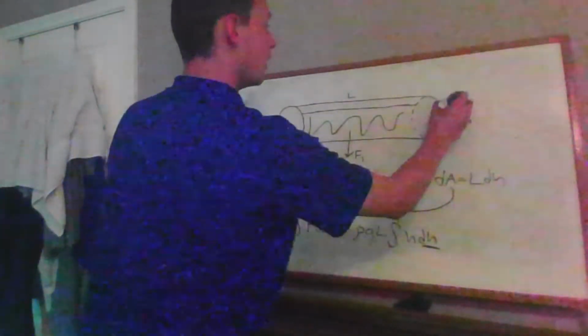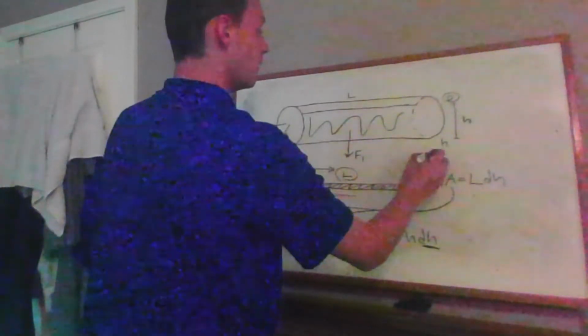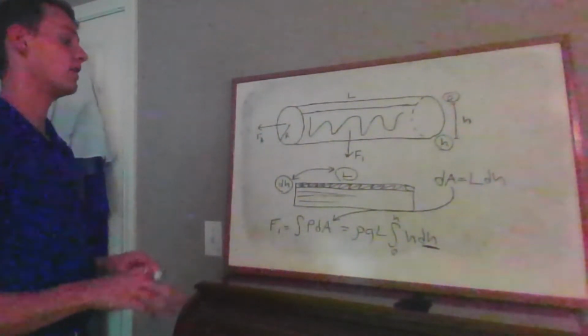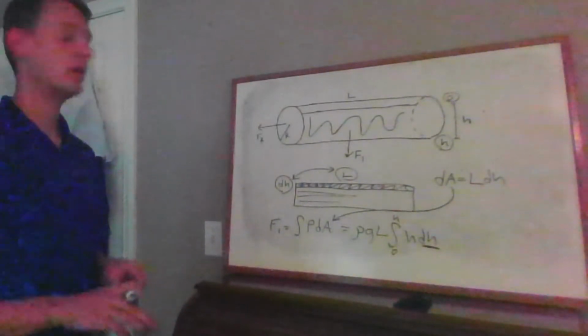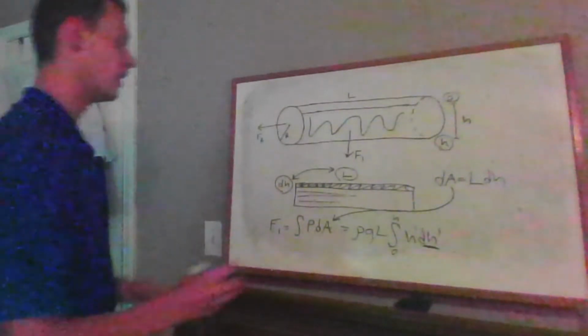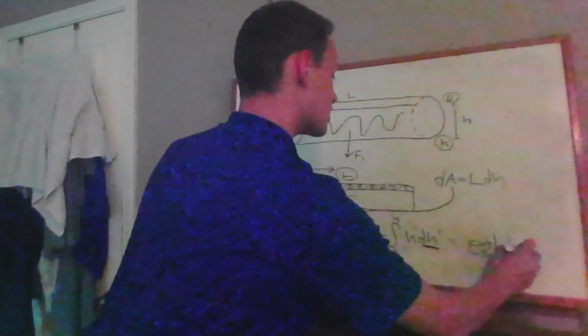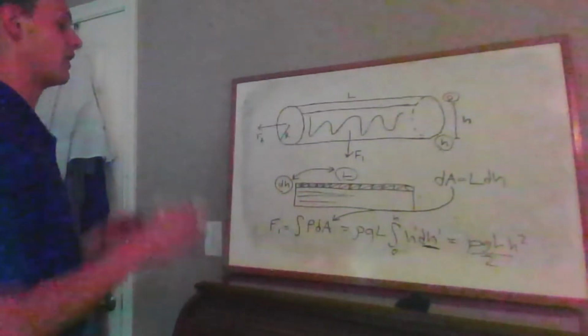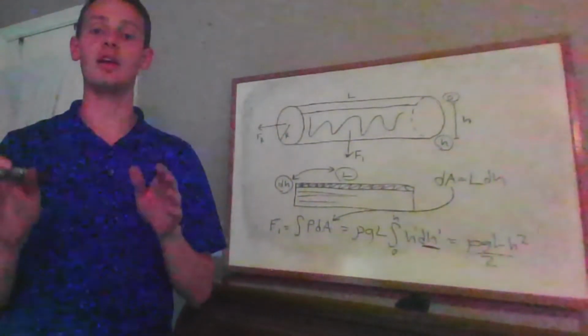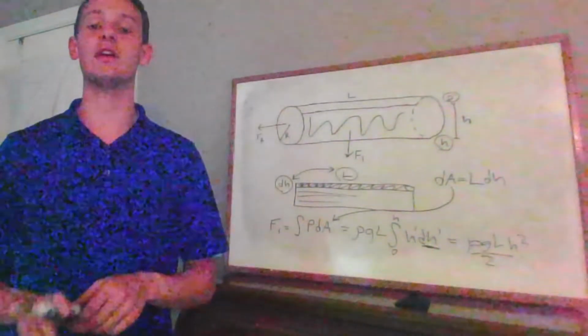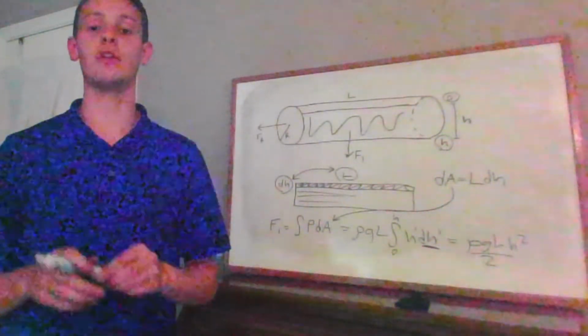So up here, our fluid level, as I have here, is 0, and then down here it's H. So H, the fluid level, that's going to be your upper bound, and then 0 is going to be the lower bound. We'll put dashes here so that those are variables of integration. This is easy. So we have rho g L over 2 H squared, and that is the horizontal force component exerted by the fluid against the curved part of the cylindrical barrel.